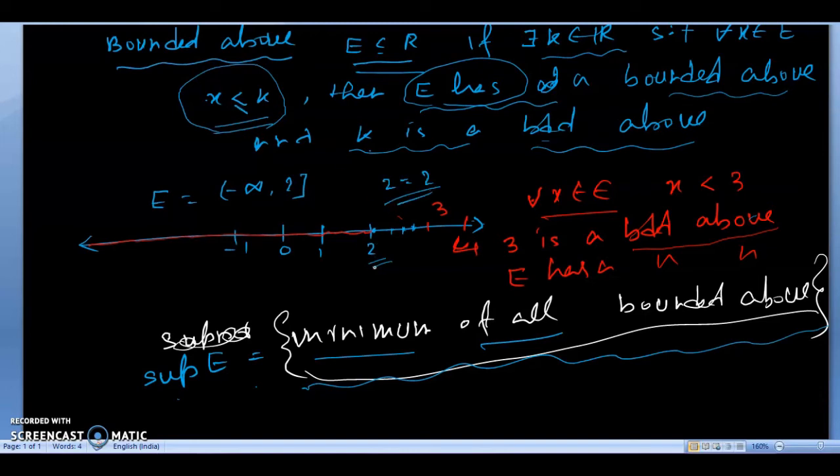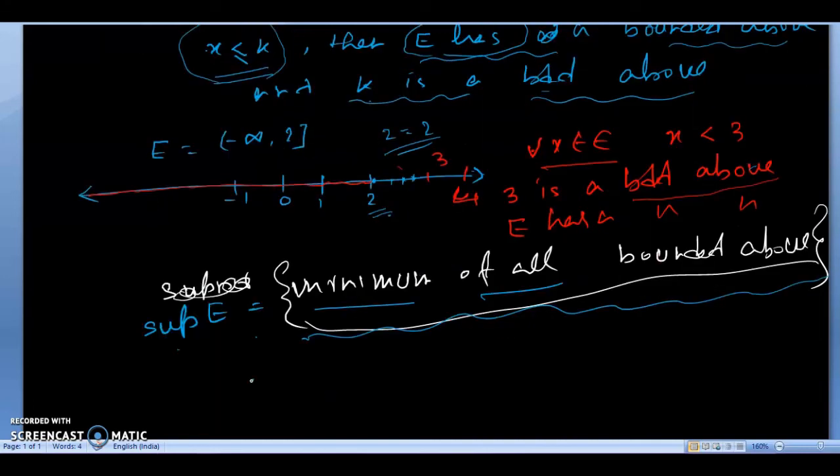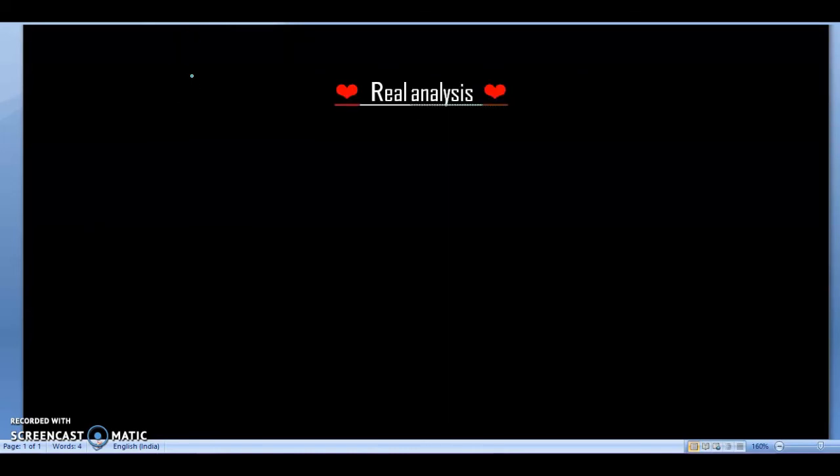So you can say that 2 is also a bound above. And if you take the minimum of all the bounds above, you will get the answer 2. That means the supremum of E is equal to 2. Clear?